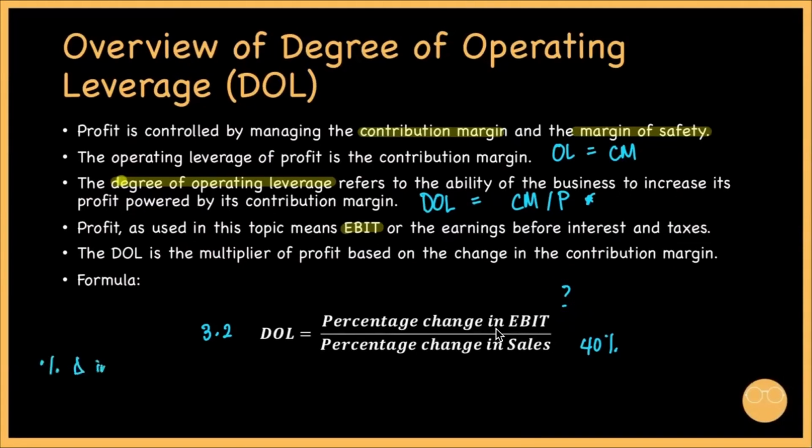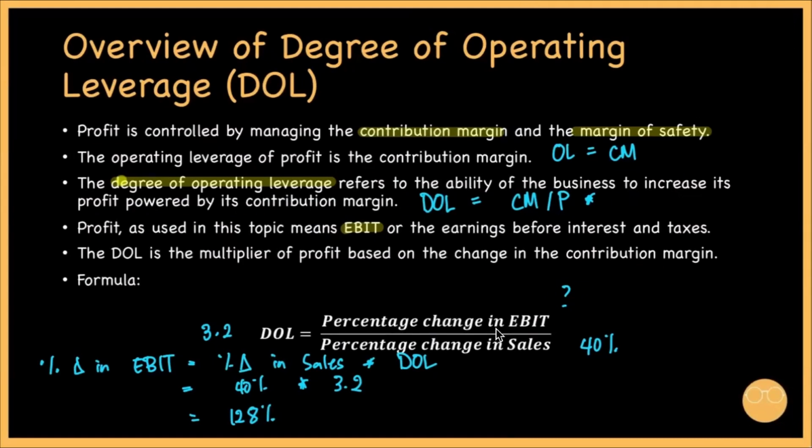Percentage change in EBIT is equal to percentage change in sales multiplied by the degree of operating leverage. 40% multiplied by 3.2, then our percentage change in EBIT will be 128%. Meaning to say, if there is a movement in the percentage of sales, there will be a multiplier of 3.2 on the percentage change in EBIT.